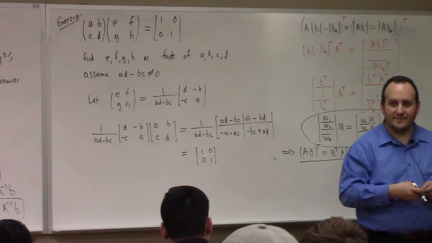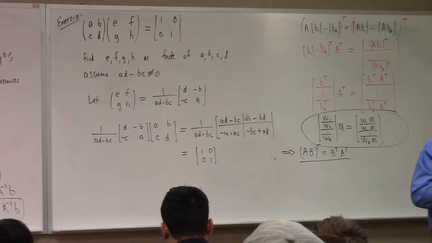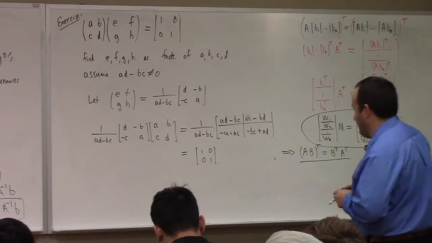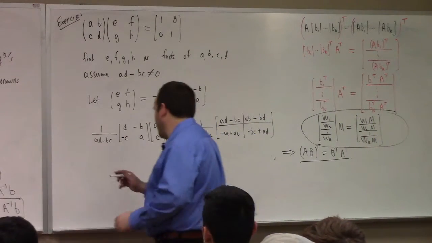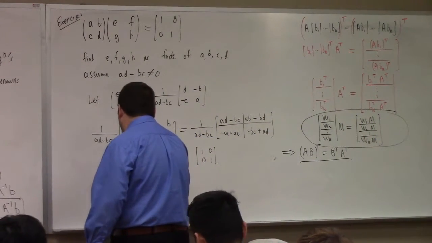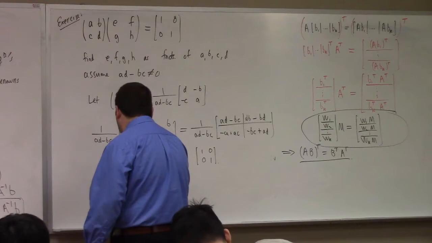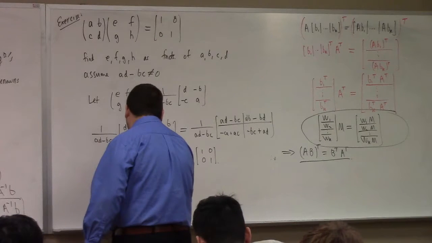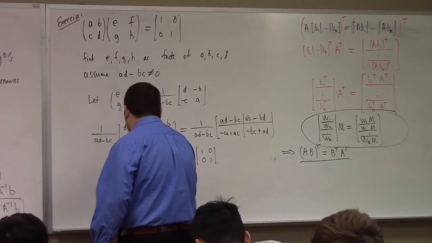I cheated. Yes? AD minus BC, what is that? Ah, it has a name, yes. What I'm showing you is the formula for the inverse of a 2 by 2 matrix A, B, C, D. I'm just kidding. It takes me at least a half hour to work this out.